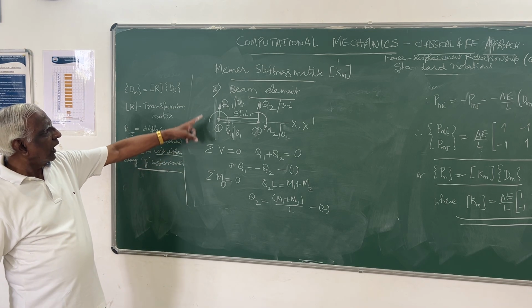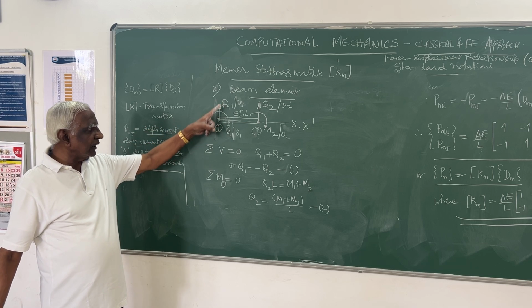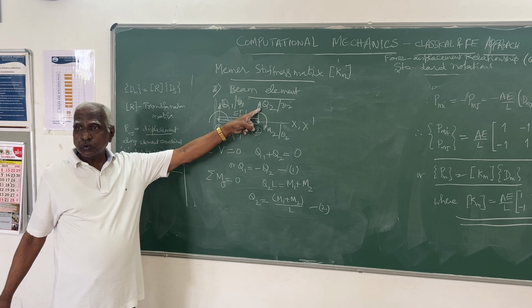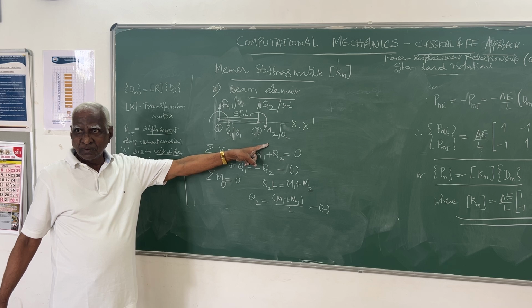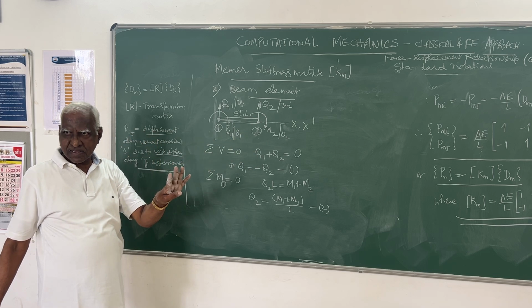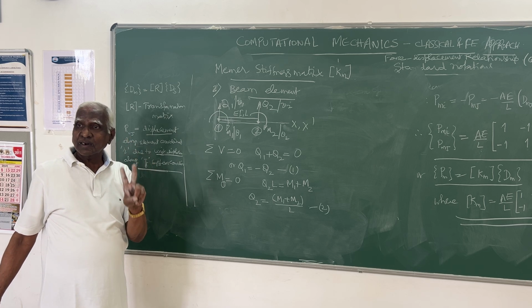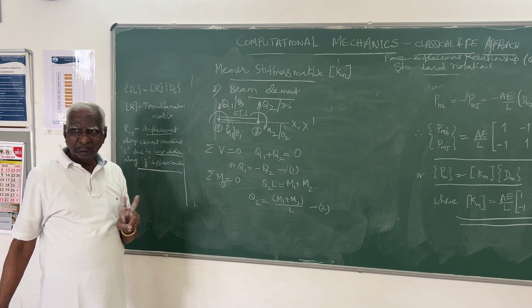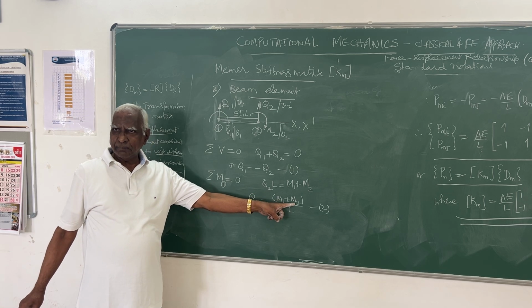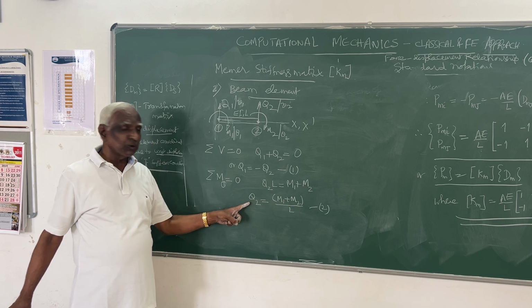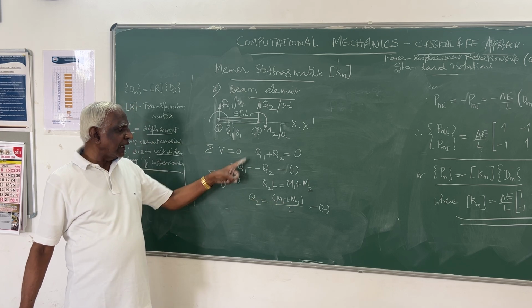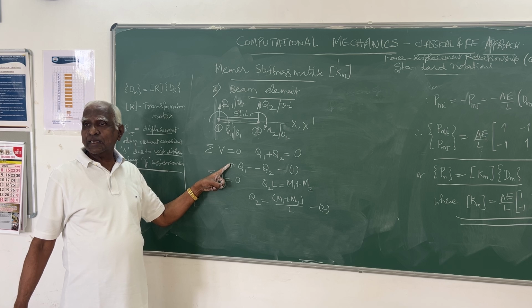So, out of Q1, M1, Q2, M2, four unknown forces, only two are independent. If you know M1, M2, Q2 can be determined, then from this Q1 can be determined.